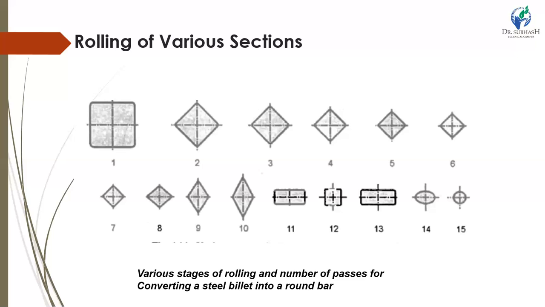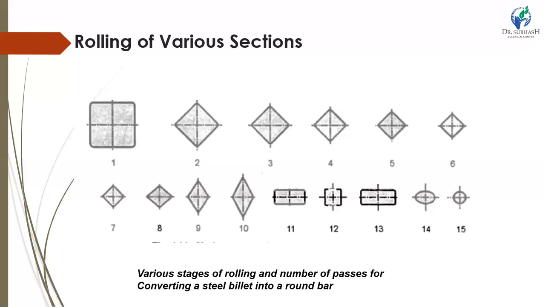The bloom has a square cross section with a minimum size of 150 by 150 mm, and a billet is smaller than a bloom and may have a square section from 38 mm up to the size of a bloom.